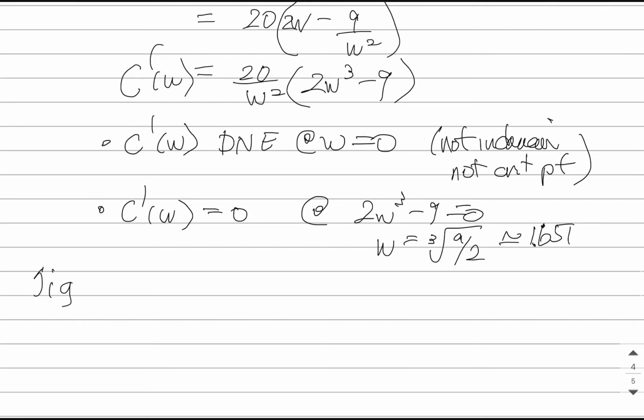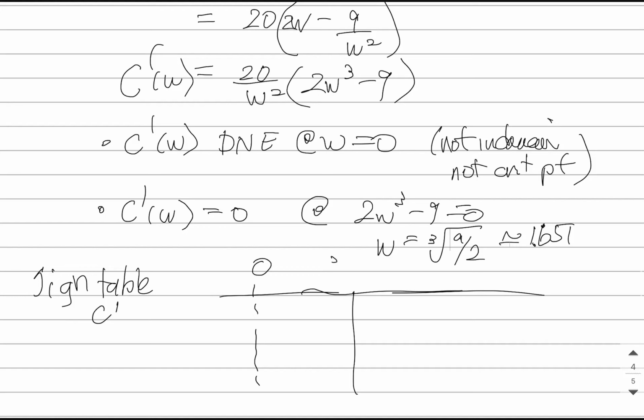So I'm going to build a sign table for c prime. My sign table technically is going to start here at 0. I'm going to have this one critical number, cube root of 9 over 2. My first derivative, I could combine these factors out front because their sign will always stay the same.